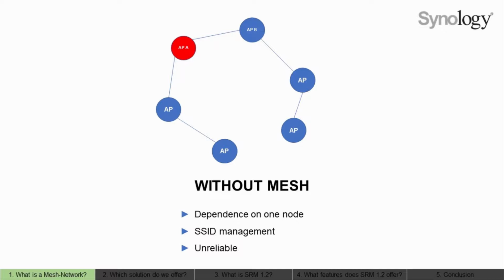This means that you could be standing right next to access point B and you will not connect to it automatically.